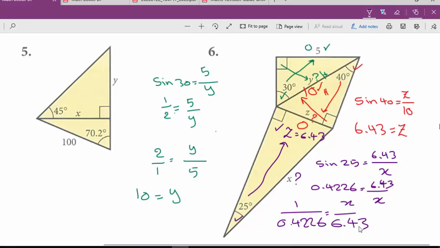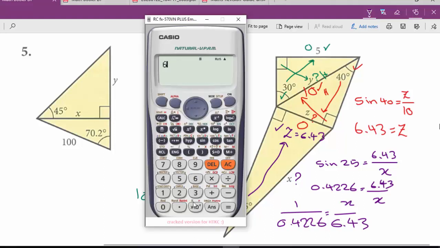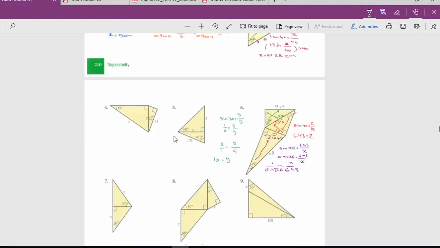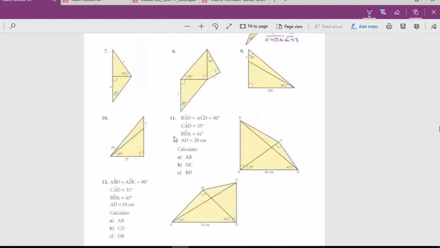Now to get rid of this 6.43, we need to multiply both sides by 6.43, and 6.43 appears here. Then 6.43 divided by 0.4226, which is in the answer. Done. X is 15.21 centimeters long. Now you can do these on your own.